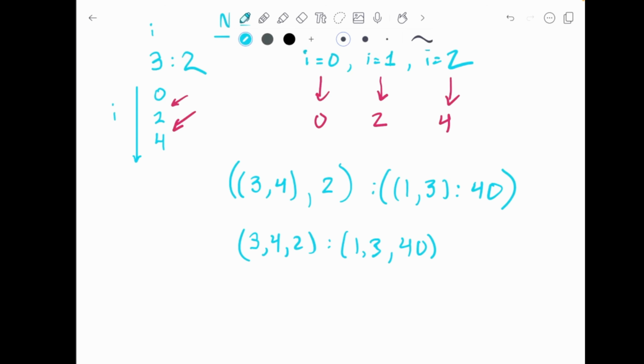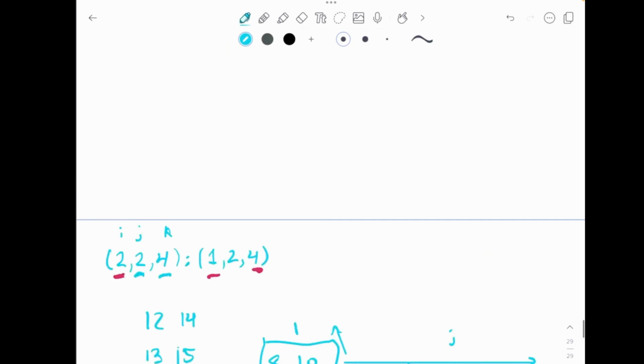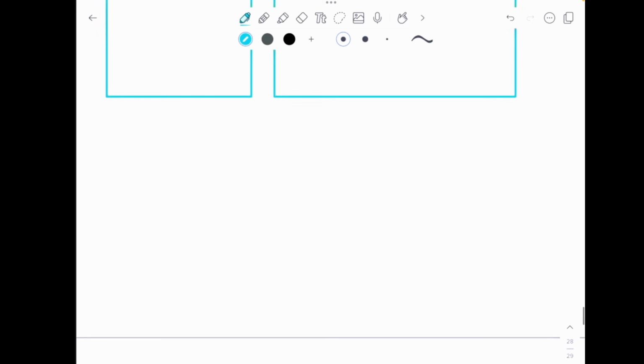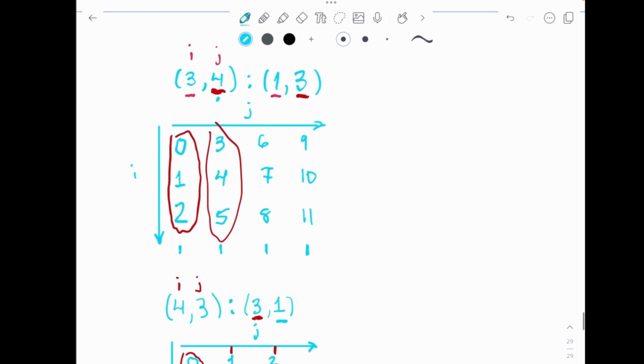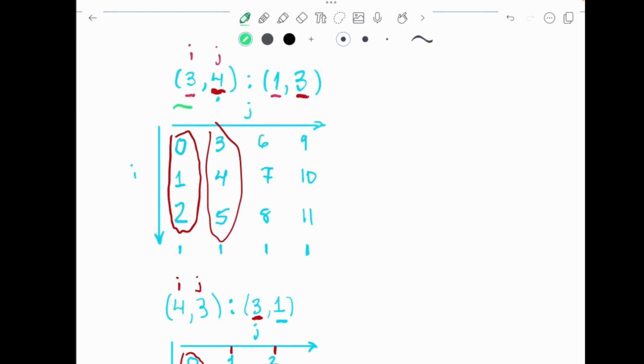Let's take a step forward. I just want to recap what we said before I move on, because it'll be useful. We have this method of taking shapes and strides. A shape is the allowable coordinates that can be provided to the layout.